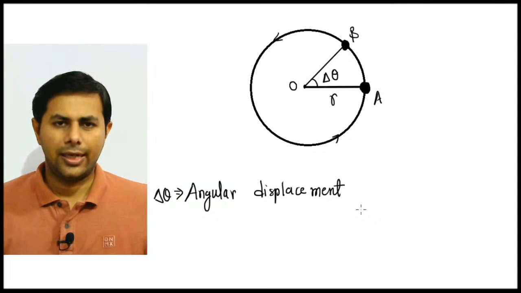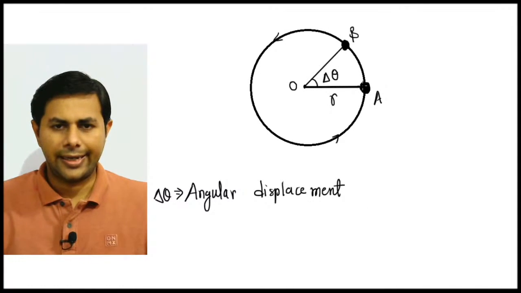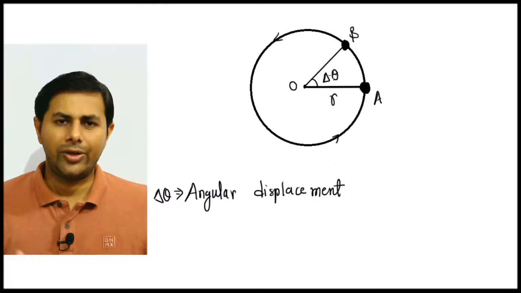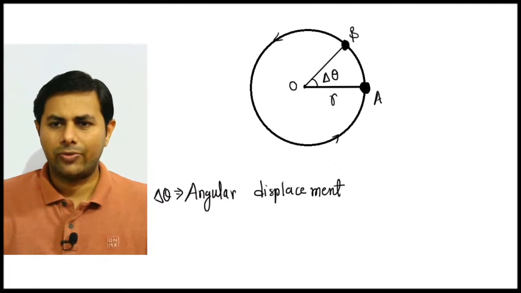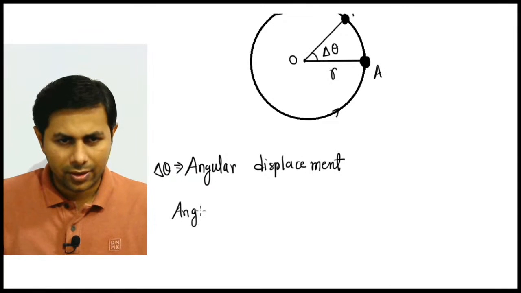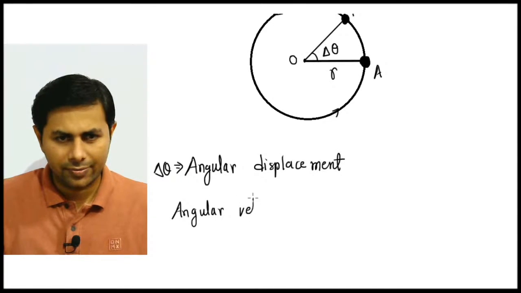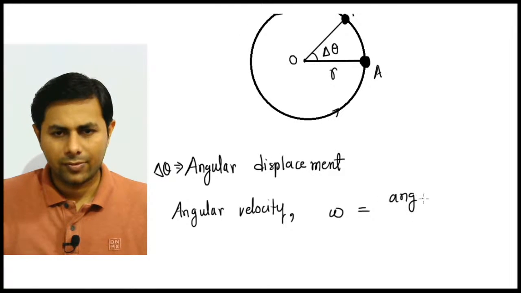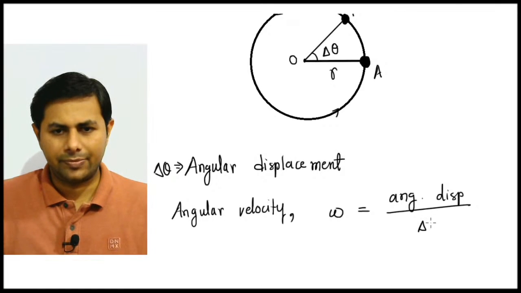Now, as angular displacement is the angle subtended by the path of the object performing circular motion at the center of the circle, we can define angular velocity. So what will be angular velocity? We define angular velocity omega as angular displacement divided by the time.